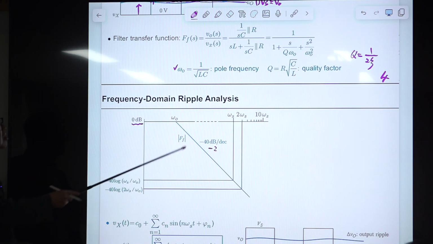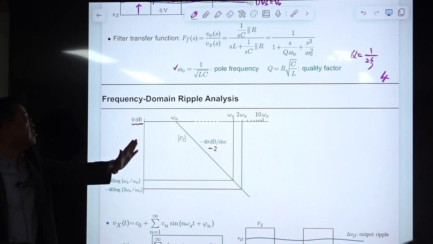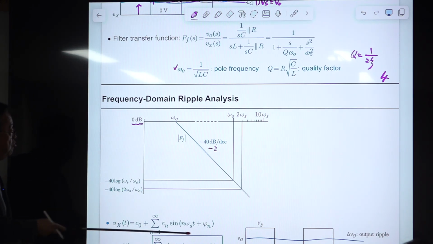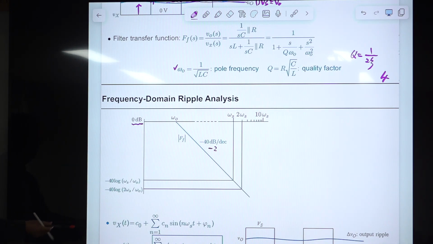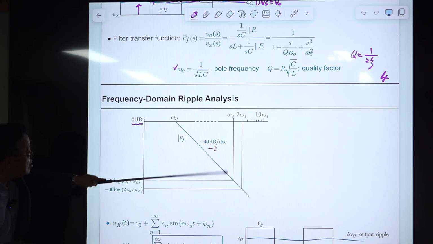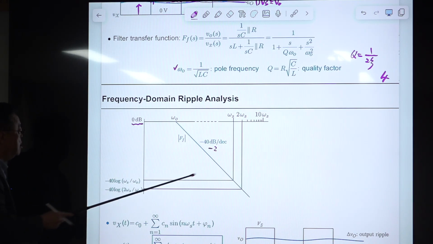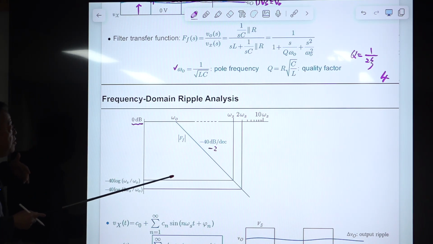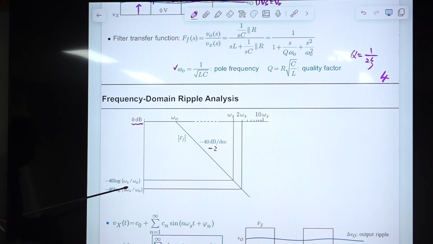As I said, this switching frequency is beyond this double frequency, so we have attenuation here. At the switching frequency, the switching frequency component, the fundamental component, will be attenuated by this amount. It's obvious, right? Because this is a decaying slope.